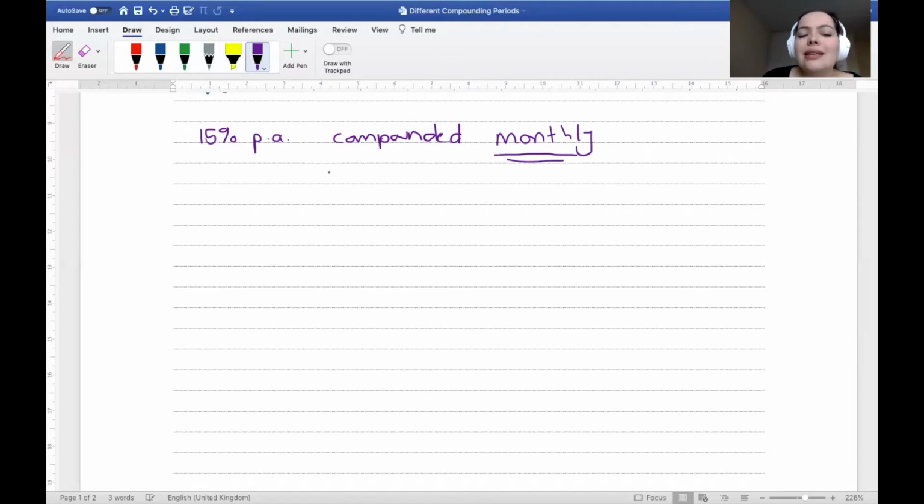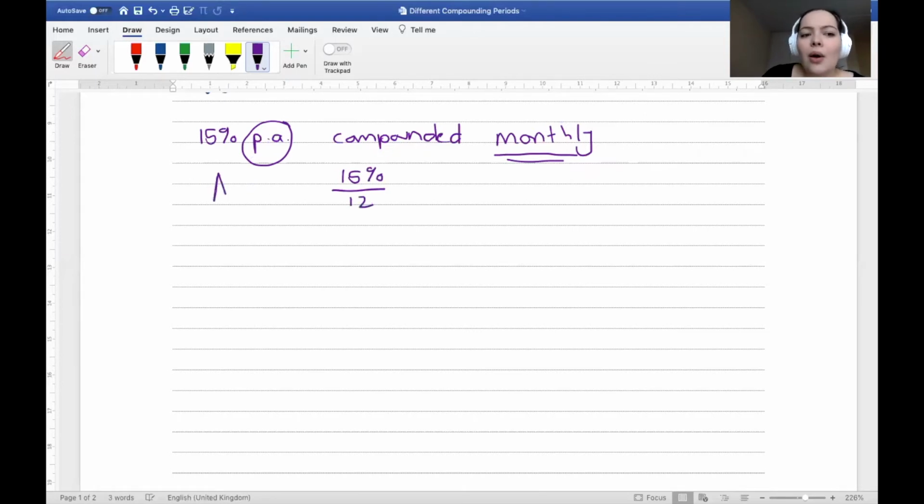But notice something pretty important. This still says per annum, which still means per year. Now, this 15% is what happens over the full year. But because they're actually compounding it every month, they're going to use an interest rate that is 15% divided by how many months there are in a year, which I hope you know is 12.